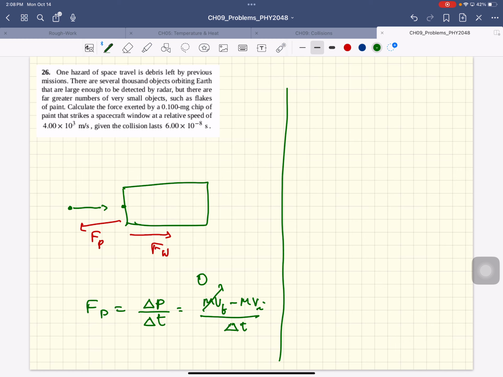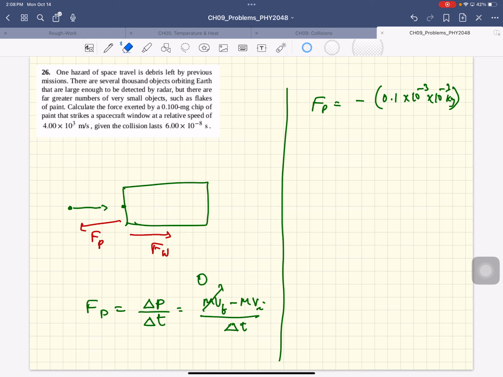So the force to stop that speck of paint exerted by the window was mass. The negative sign, we're just interested in the magnitude. The mass was 0.1 milligram. A milli is 10 to the minus 3, and a gram is 10 to the minus 3 kgs.